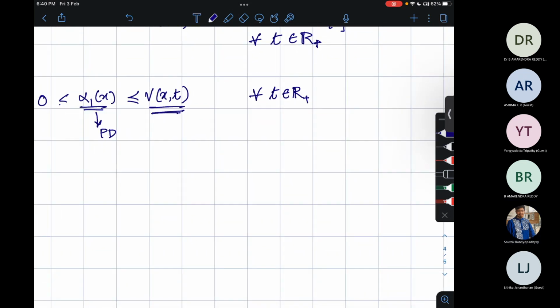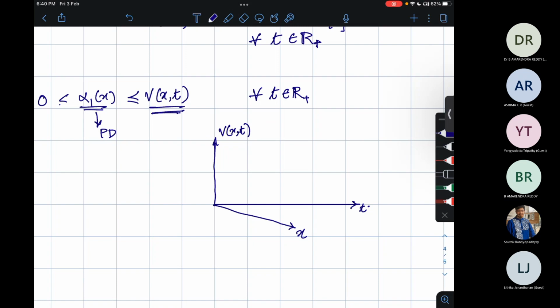Now let me show you a trick of what we do. Consider this time, this is your state, and this is the function V of x comma t, right? Since I can't draw in 3D very well, you have to bear with me.